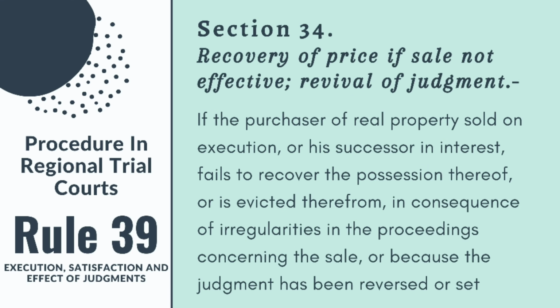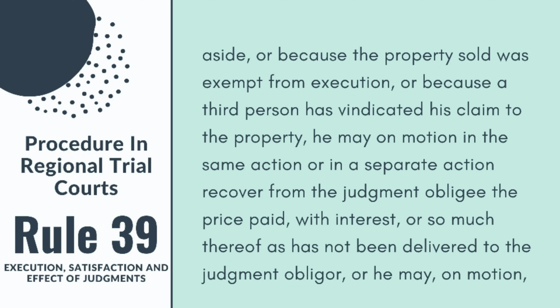Section 34. Recovery of price if sale not effective, revival of judgment. If the purchaser of real property sold on execution, or his successor in interest, fails to recover the possession thereof, or is evicted therefrom, in consequence of irregularities in the proceedings concerning the sale, or because the judgment has been reversed or set aside, or because the property sold was exempt from execution, or because a third person has vindicated his claim to the property, he may, on motion in the same action or in a separate action, recover from the judgment obligee the price paid, with interest, or so much thereof as has not been delivered to the judgment obligor.